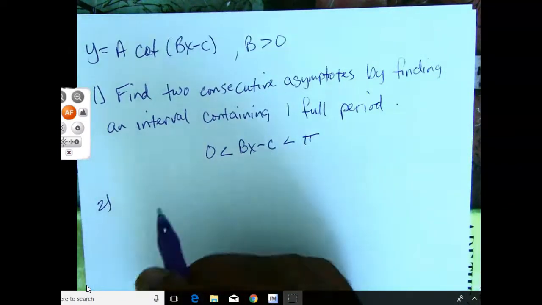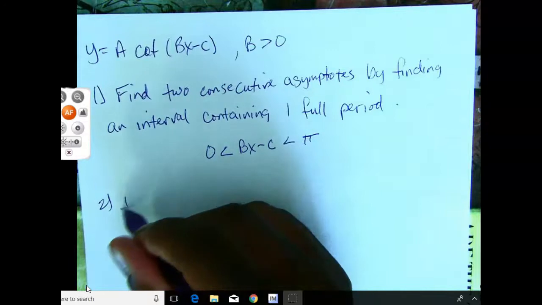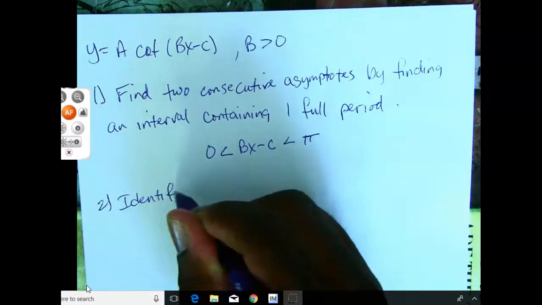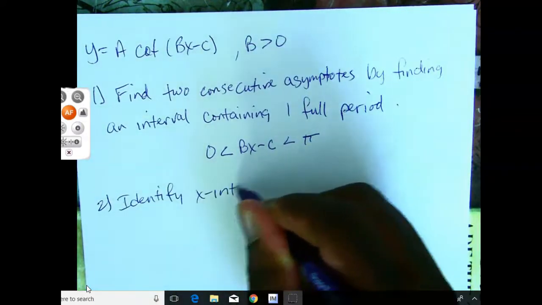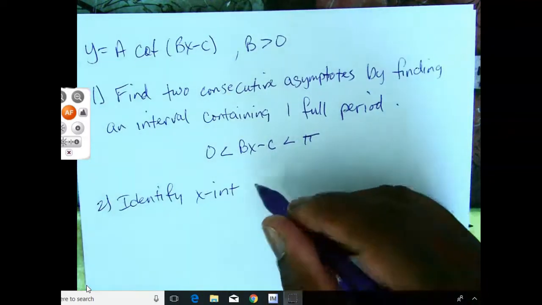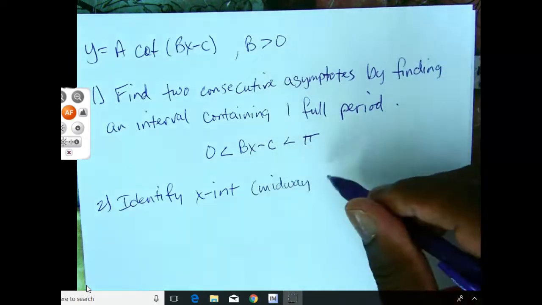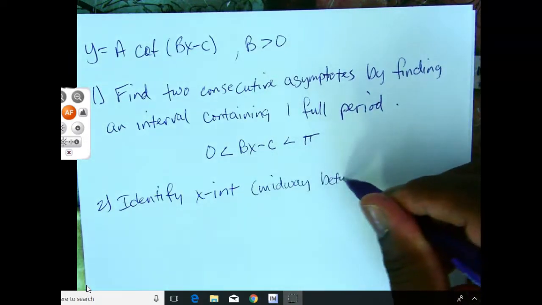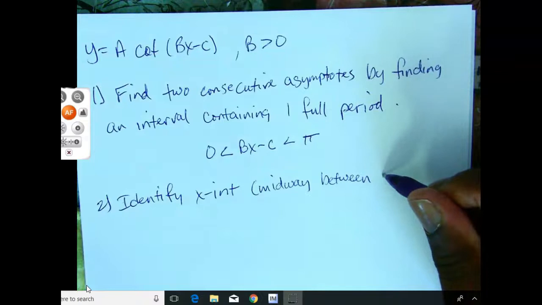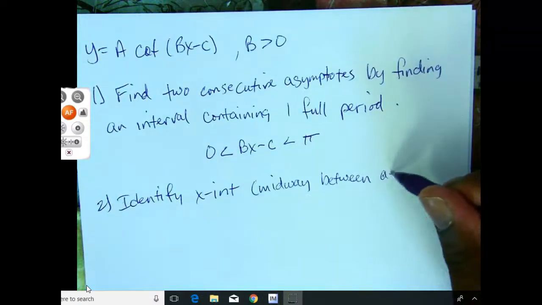Step 2, we're going to identify the x-intercept, and that's midway between the asymptotes, between consecutive asymptotes.